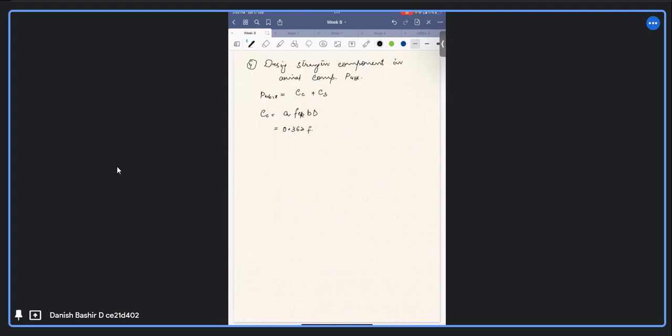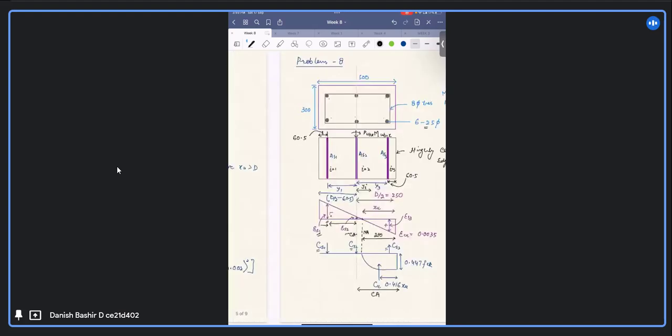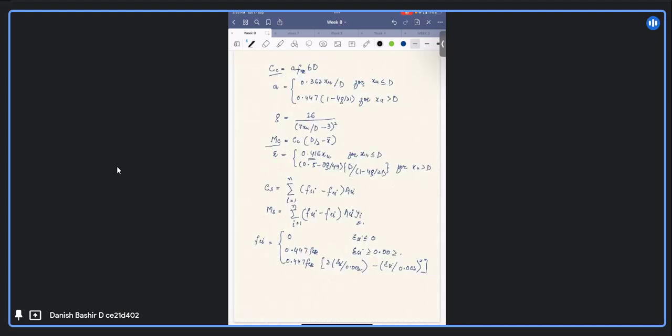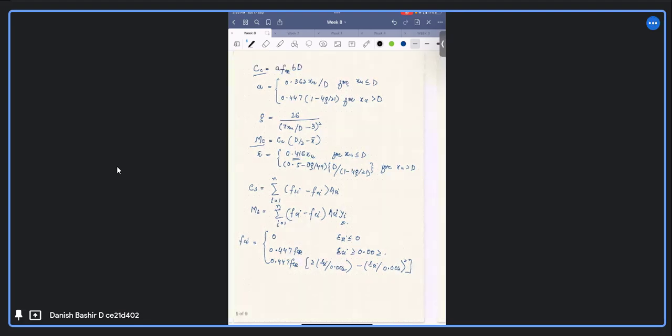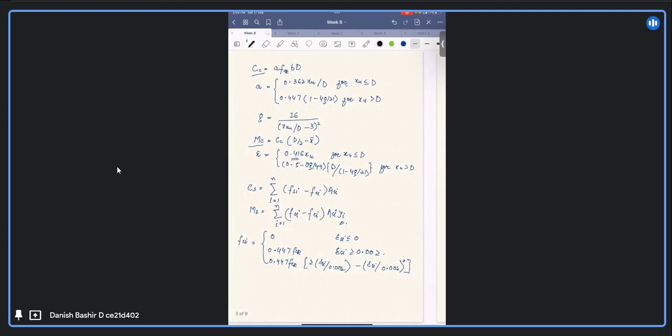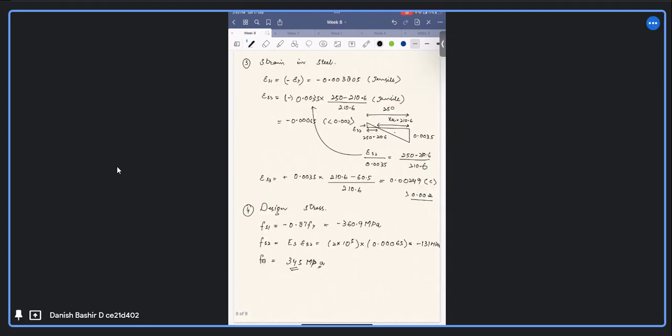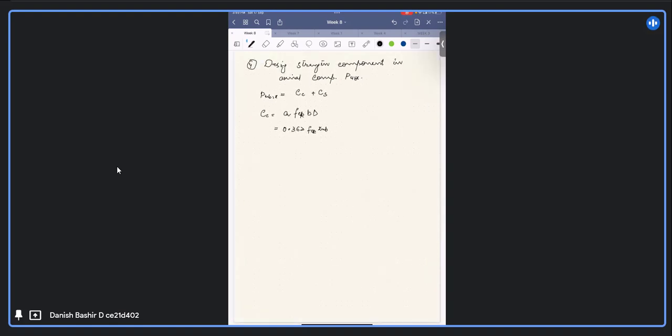FCK and XUB. Actually, A is 0.362 XU by D. It is B into D. So we will write 0.362 XU balanced by D. Okay, this is for A. We substituted it for A. We have FCK, we have B, we have D. D cancels.